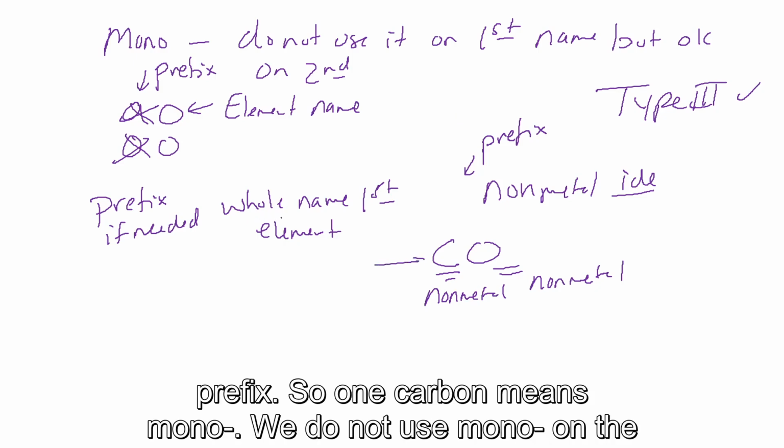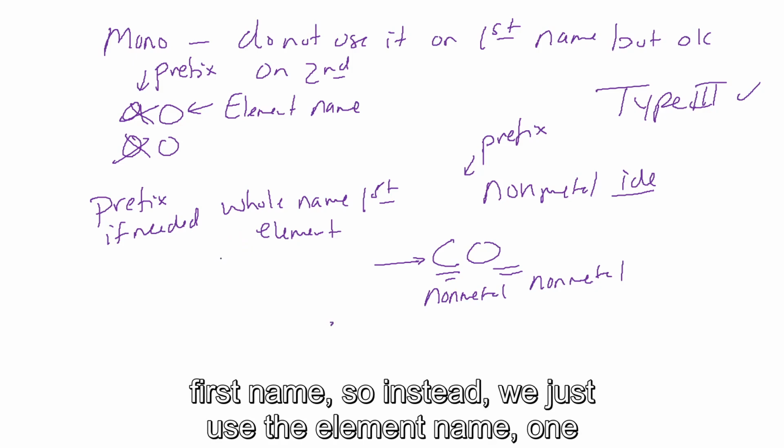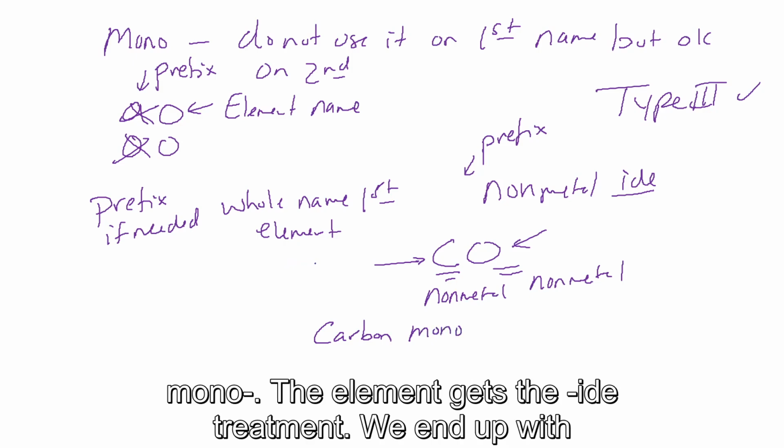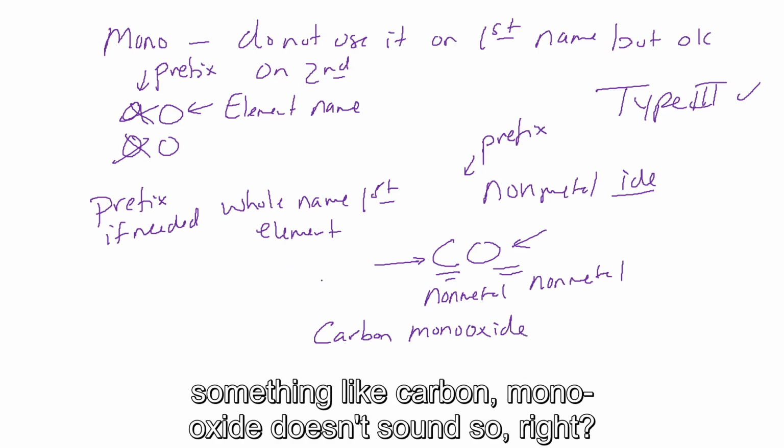So 1 carbon means mono, but we do not use mono in the first name, so instead we just use the element name. 1 oxygen is also mono, and we can use it on the second name. The element gets the IDE treatment, and we end up with something like carbon monooxide.